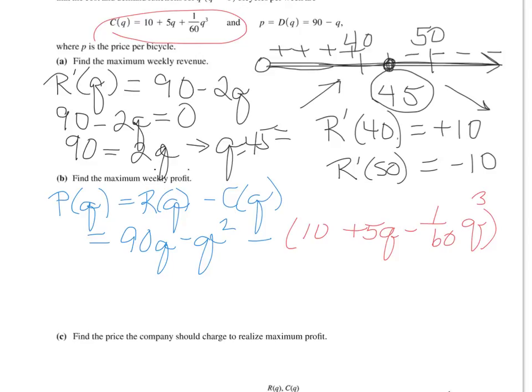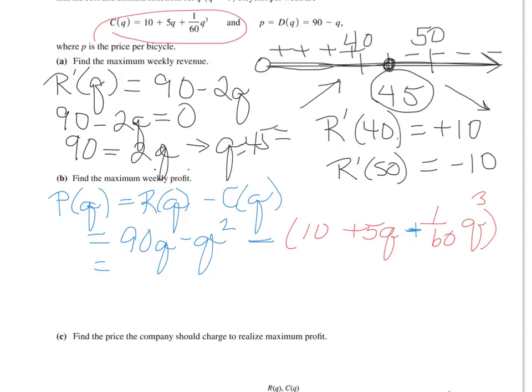So then our profit equation, once we clean everything up, is going to be minus times the negative 1 over 60. This is positive, it is not negative.